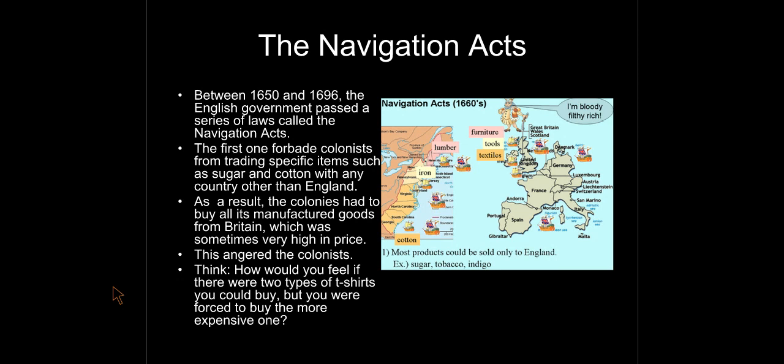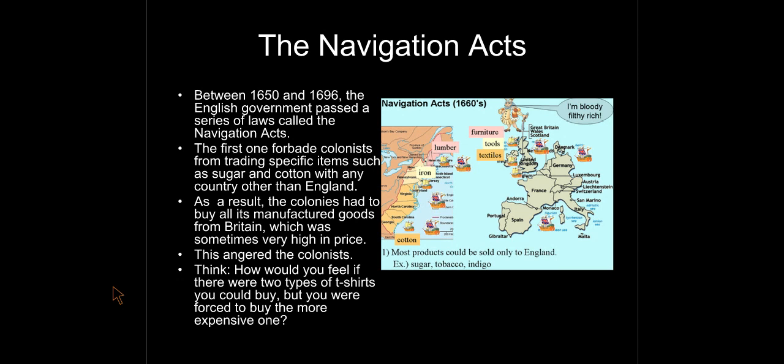So, the first Navigation Act did not allow the colonists to trade specific items such as sugar and cotton with any other country other than England. So England is the only one getting those resources from the colonies. So as a result, England is the only one getting rich.